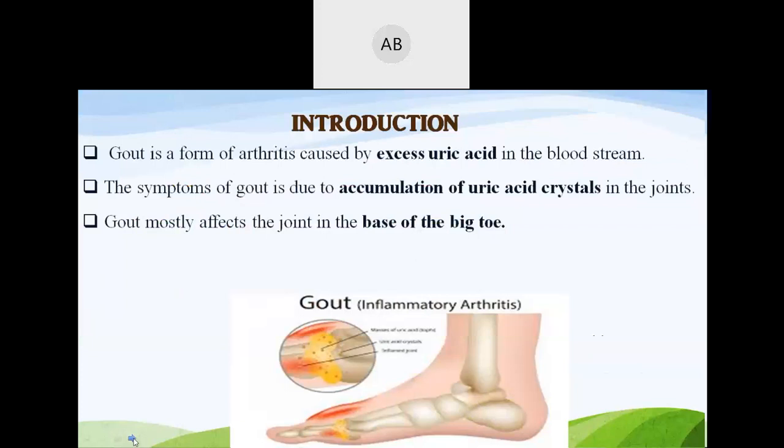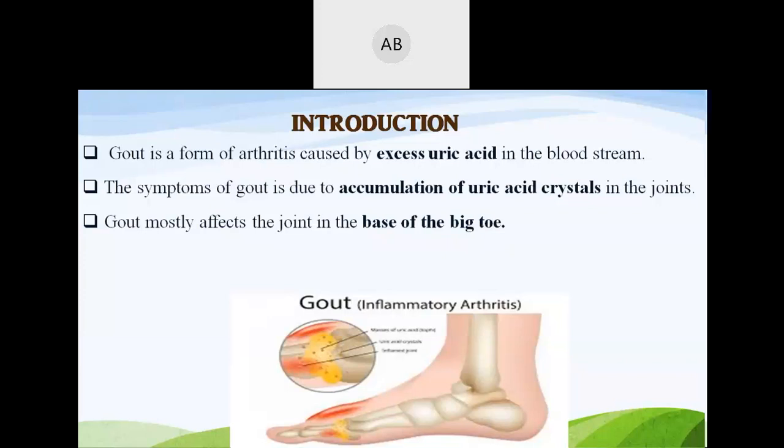So, gout is a type of arthritis, and in this condition, there will be excess uric acid in the bloodstream. Whenever there is excess uric acid in the bloodstream, there will be formation of uric acid crystals. These uric acid crystals will usually be deposited in the joints, especially of the greater toe. So this usually happens in gout.